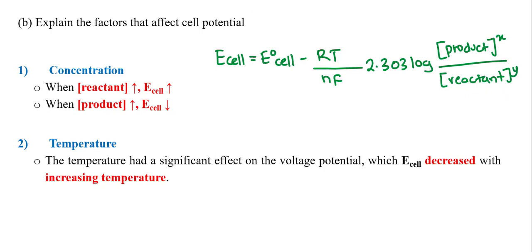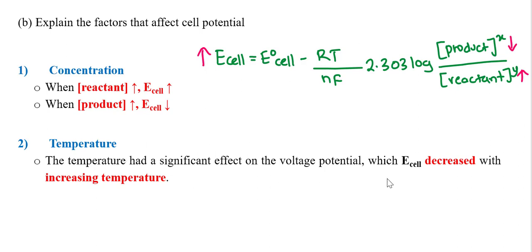When the concentration of the reactant increases, the value of the E cell also increases. And when the concentration of the product decreases, the value of the E cell also increases. So increasing the concentration of the product will decrease the E cell value.